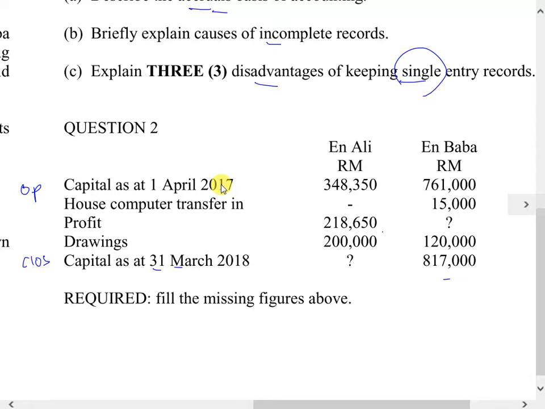Can I say this is opening capital and closing capital? Yes, opening capital. House computer transfer in: our own house computer we transfer into the business. What is this? Additional capital, should I plus? Yes. Profit plus, drawing minus. So this is my closing capital. Can you find how much? And can you also find the profit?